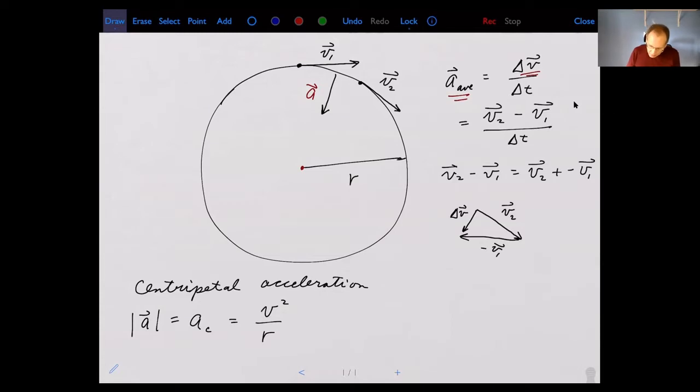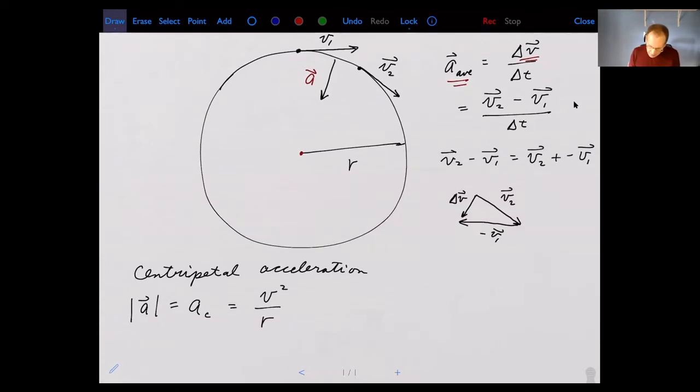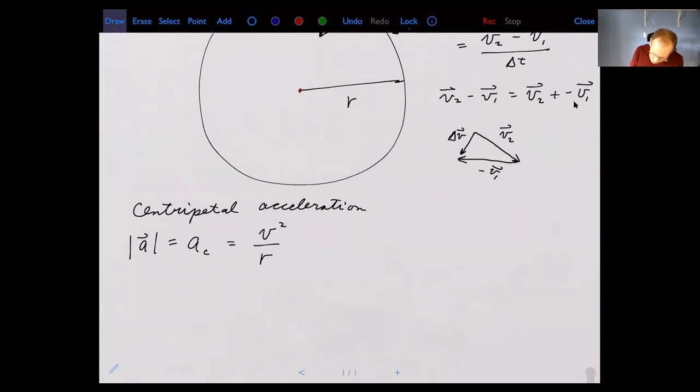Now, we also know how to relate the angular speed or angular velocity to the linear velocity. So if I have a circle again, let me draw it here. And this is my radius.